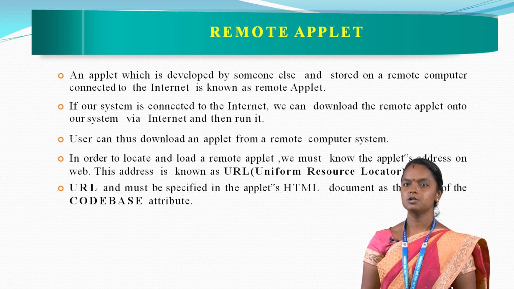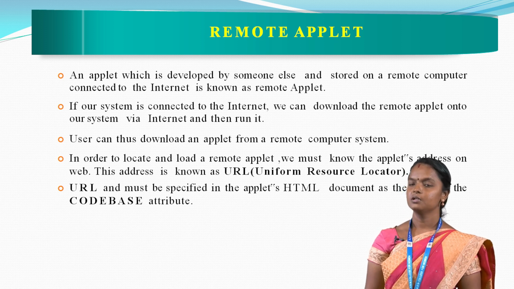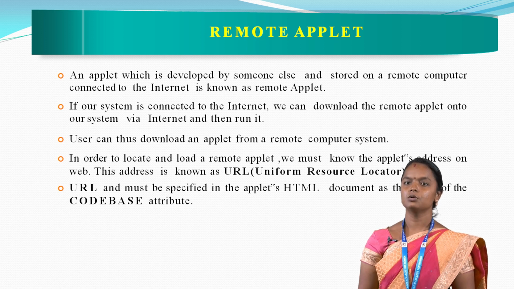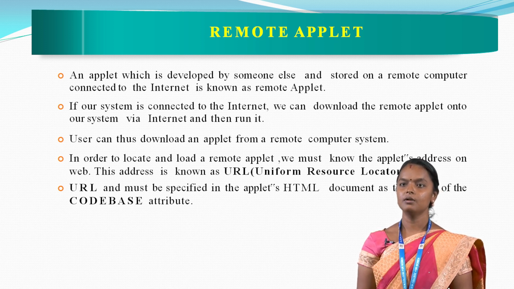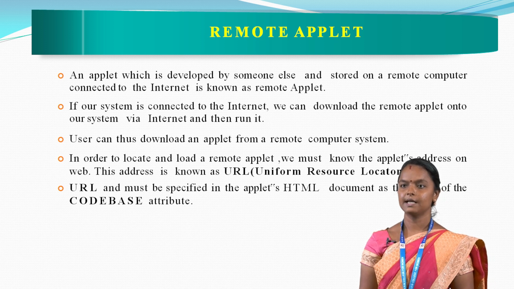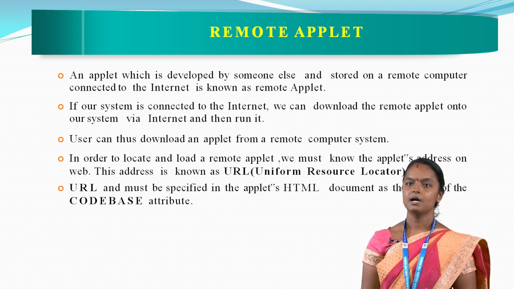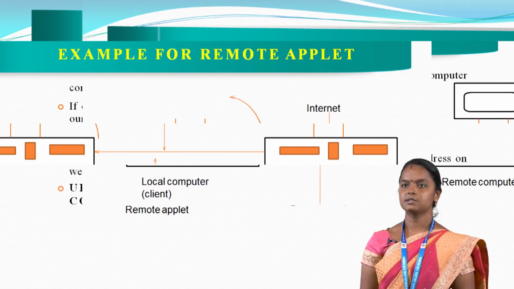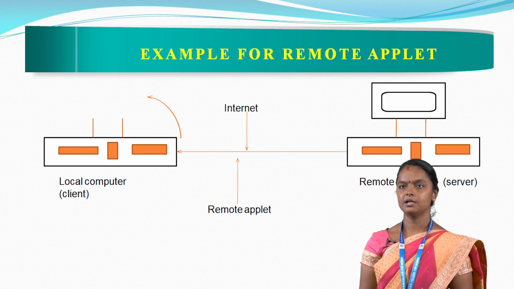In order to locate and load a remote applet, we must know the applet address on the web. This address is known as the URL, which means Uniform Resource Locator. The URL must be specified in the applet HTML document as the value of the codebase attribute. These are the examples for remote applet.